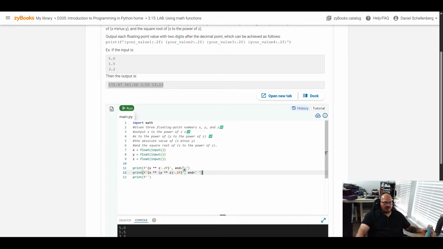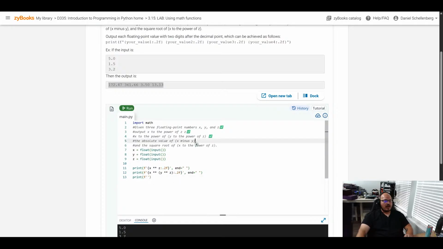But you have to put this outside of the quotes of the F string. So outside of the F string, comma, end. And then I did the second part, which was x to the power of y to the power of z, which is right here. Same thing, 2 digits after the decimal.